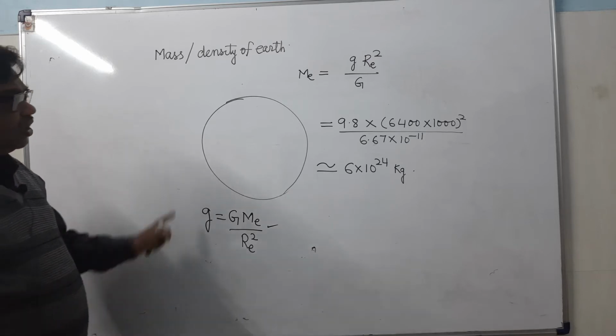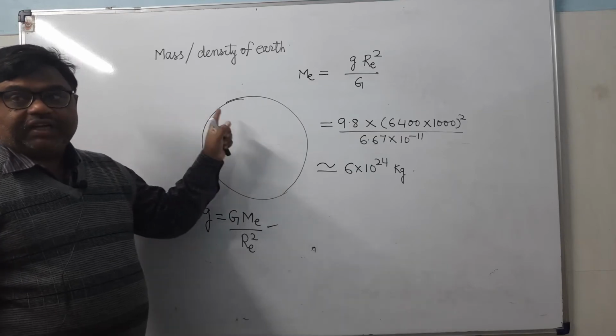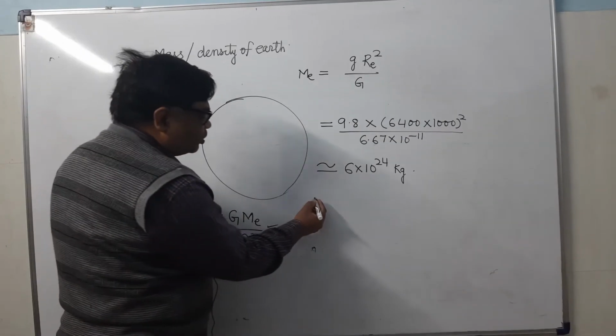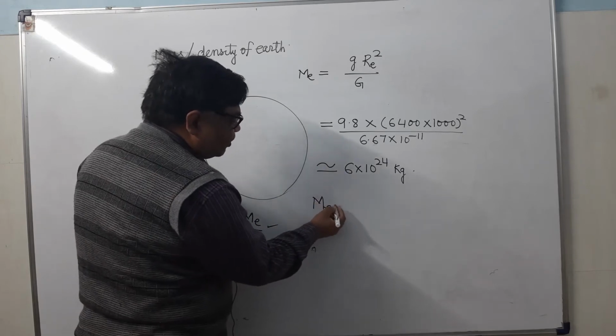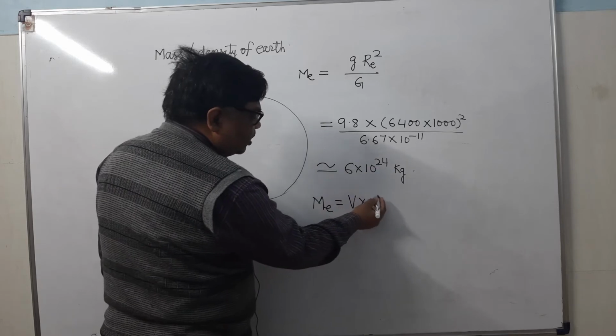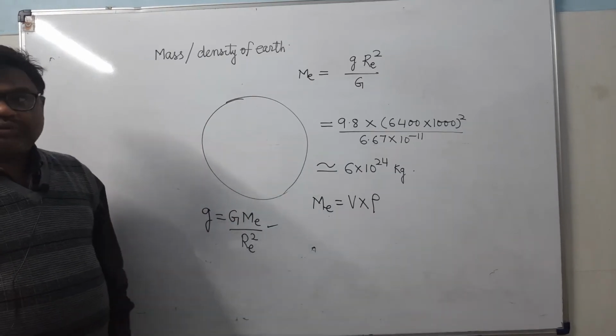Now, by using the fact that the earth is uniformly dense, we can determine its density. As we know, mass equals volume into density. Since the earth is spherical, what will be its volume?